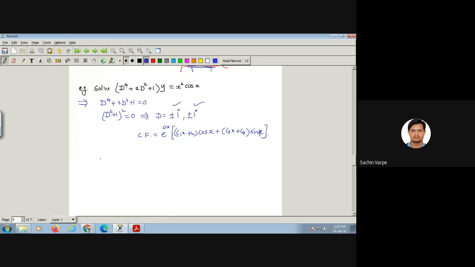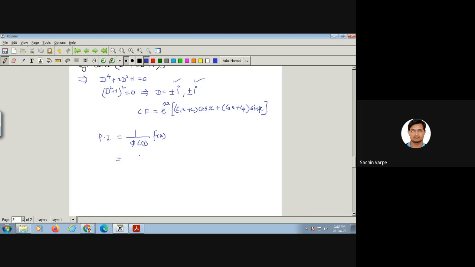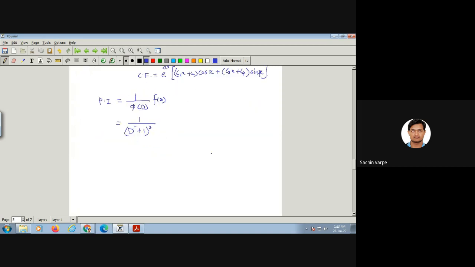ठीक है. Now particular integral PI, we start with the formula 1 upon phi of d f of x. We substitute phi of d and f of x. What is phi of d here? It is d square plus 1 the whole square, and f of x is x square cos x. ठीक है, यहाँ तक क्लियर है सबको?